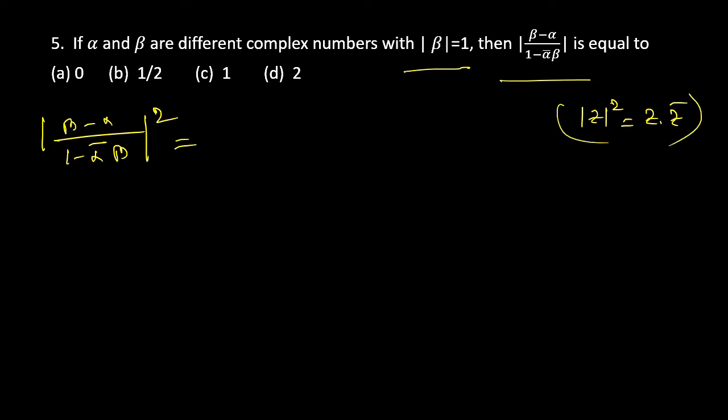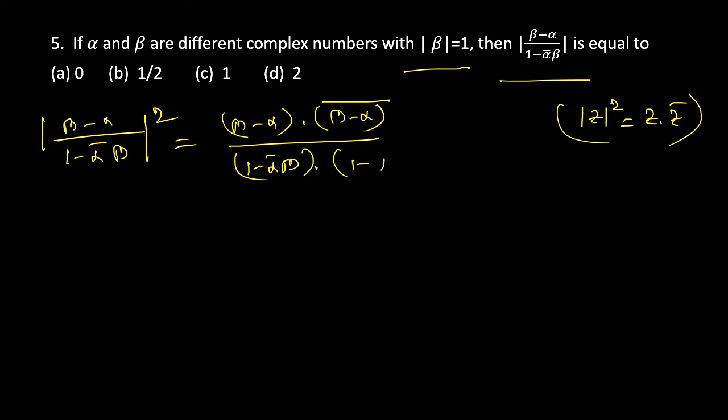Using this we get beta minus alpha into beta minus alpha whole bar by 1 minus alpha bar beta into 1 minus alpha bar beta whole bar.